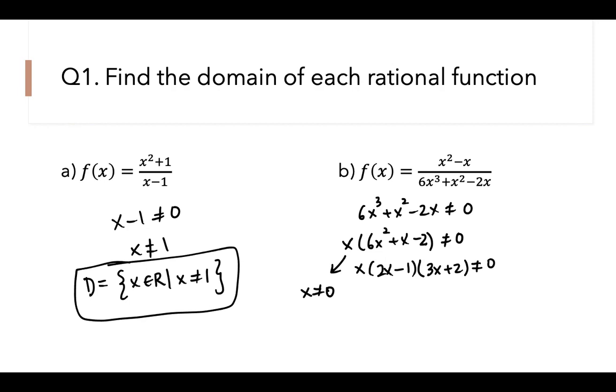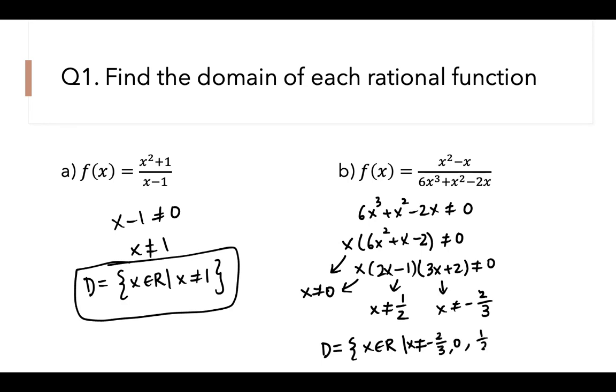So x cannot be equal to 1 over 2, and x cannot be equal to negative 2 over 3. For the domain, you could state that x can be any real number such that x cannot be negative 2 over 3, 0, and 1 over 2.